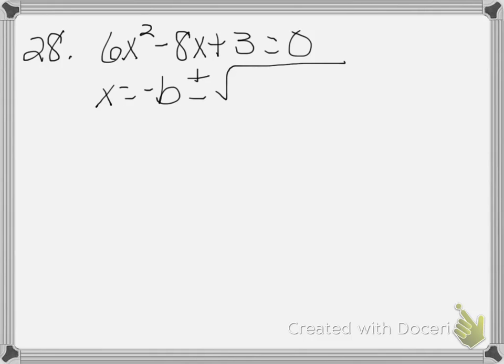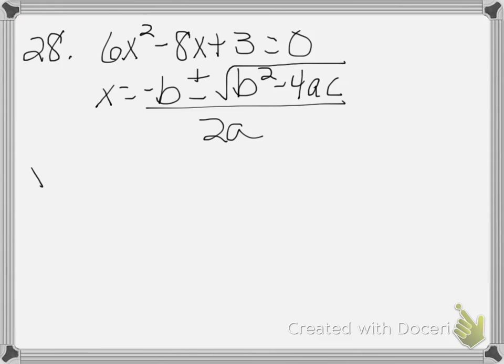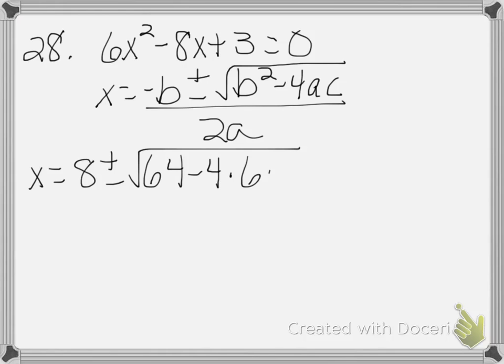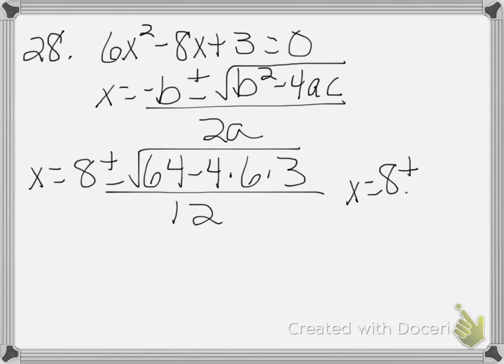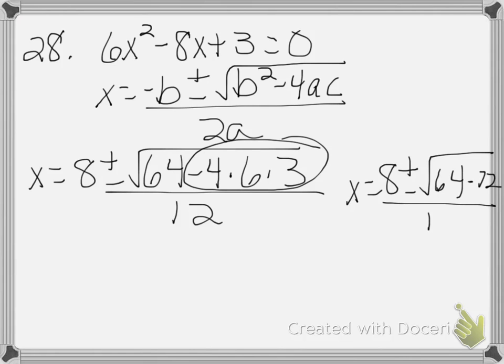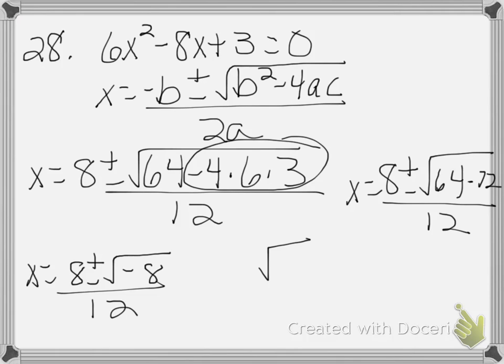Number 28, you have to do the quadratic formula. Here's the quadratic formula. Plugging it in. You simplify, you get 8 plus or minus the square root of negative 8 over 12.